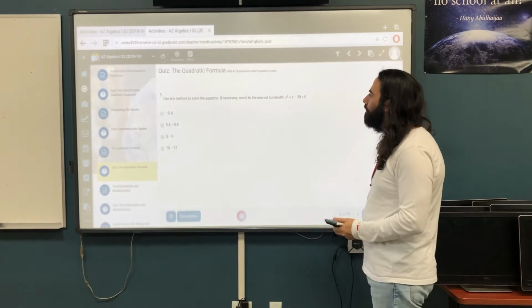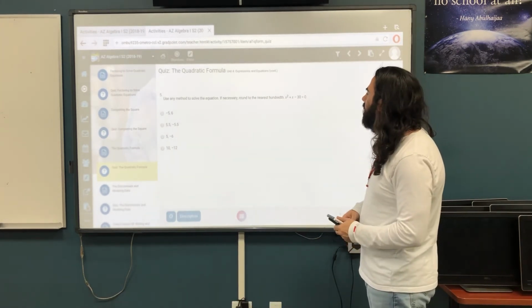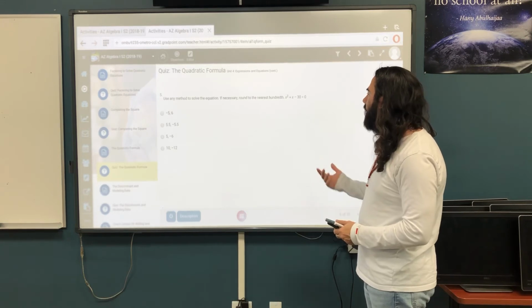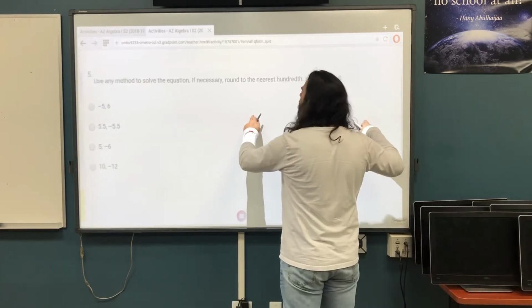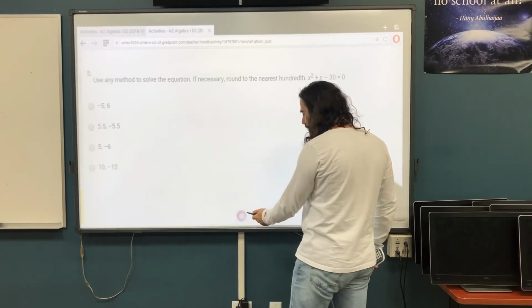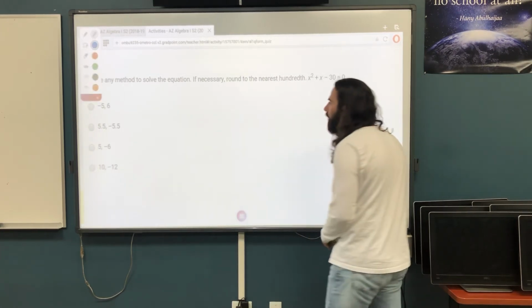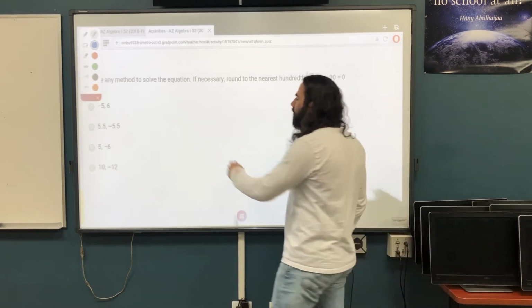Question 5. Again, guys, in this case you can use any method. Like this one, it would be better for you if you can use, of course, the quadratic formula, but it will be easier for you to factor.